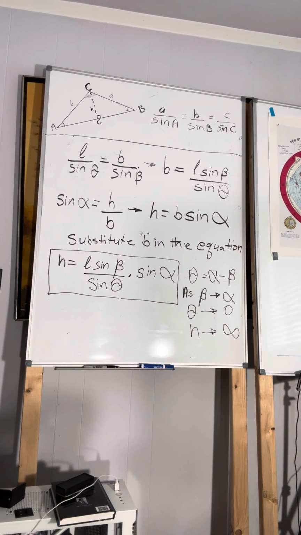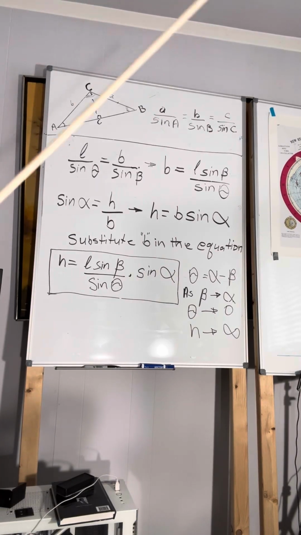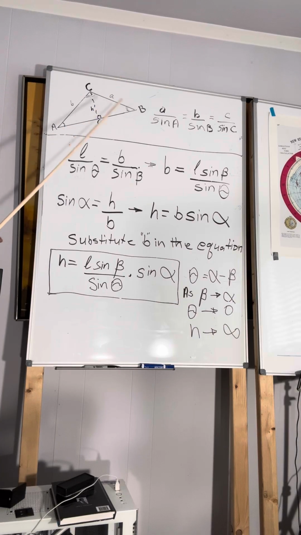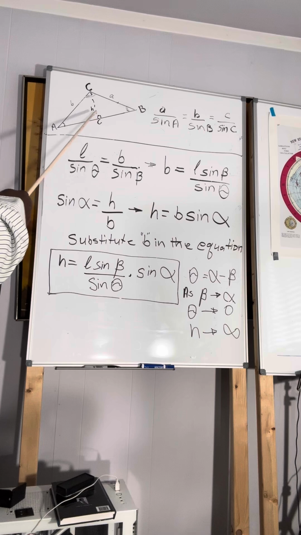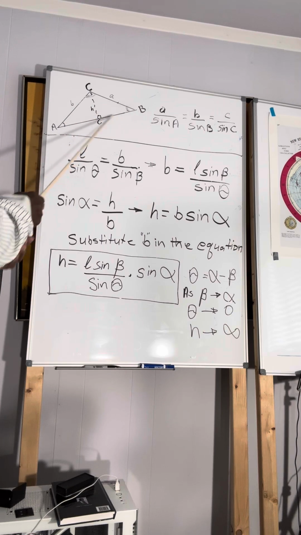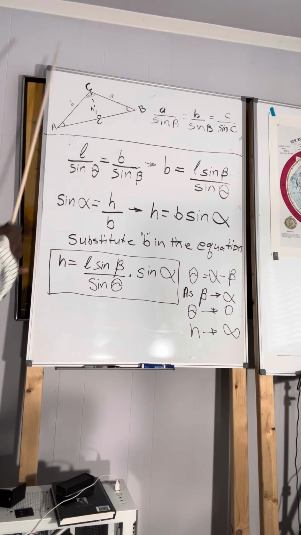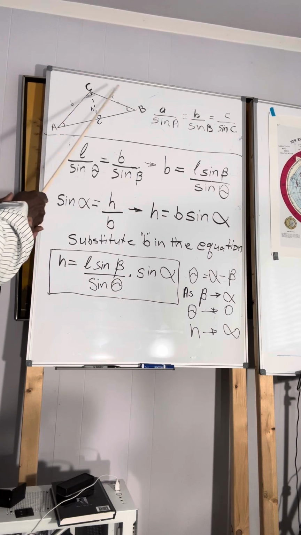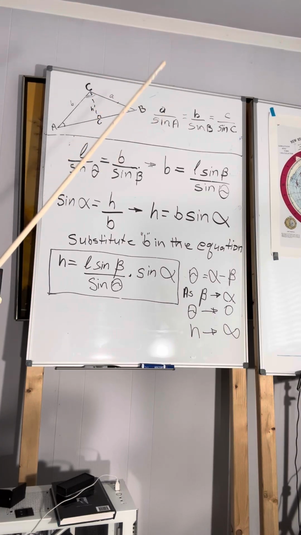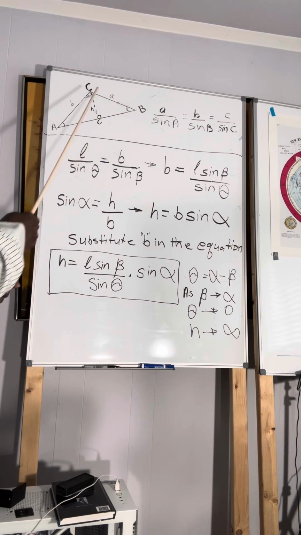Now, I want you to see exactly the continuation of that. If you have forgotten your trigonometry, in this triangle, if you have A, B, C, the angle is represented by an uppercase letter, and the side opposite it is represented by a lowercase of the same letter.